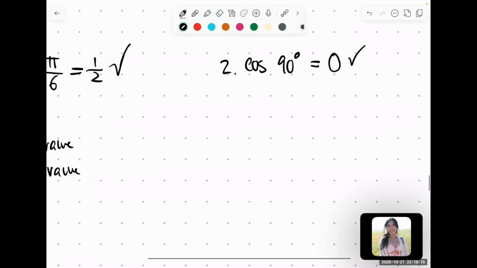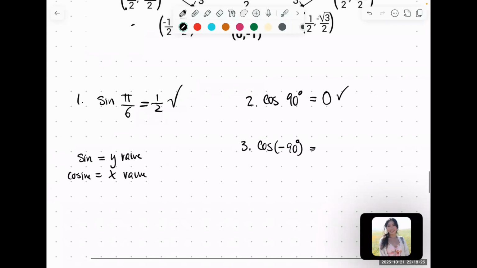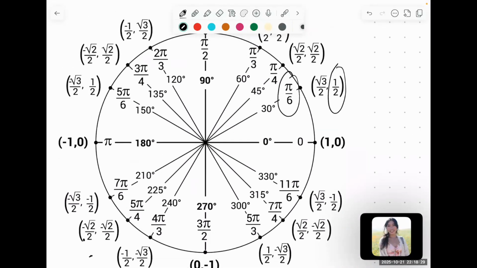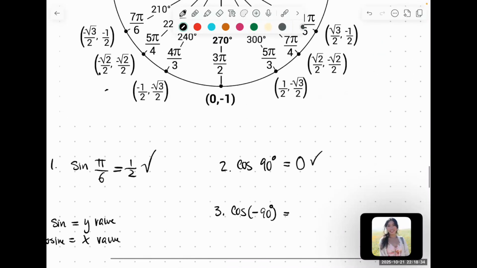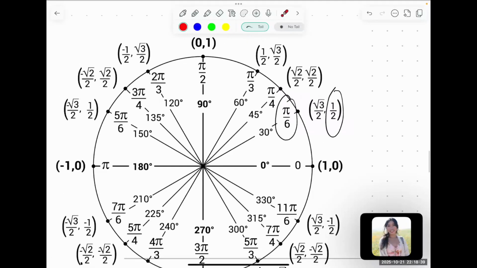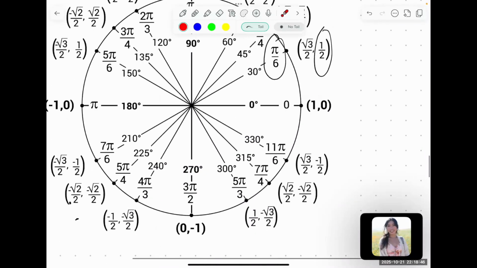Let's do cosine of negative 90 degrees. What does that equal? Now, when you look over here, we have 90 degrees, but then you're like, okay, but where is negative 90? All you do is go over to 90 and look at the direct opposite of that. So the direct opposite of 90 is going to be 270.